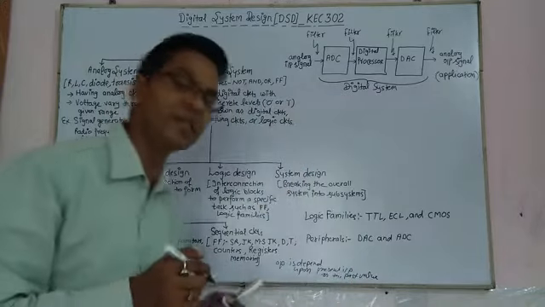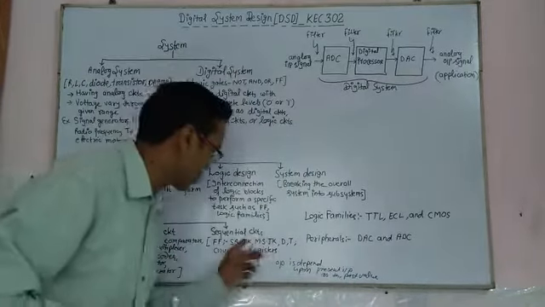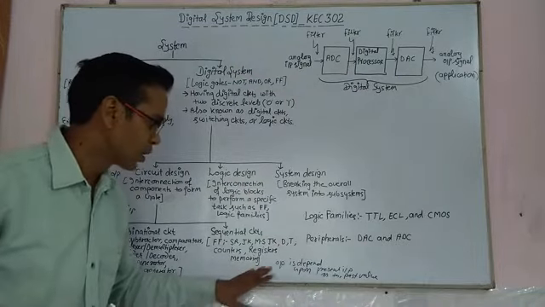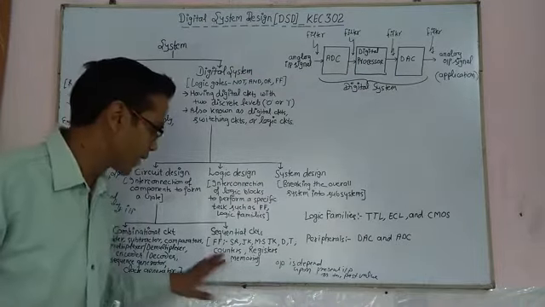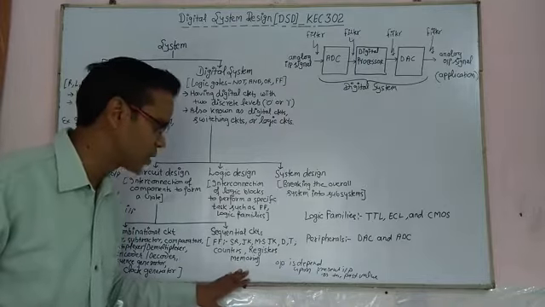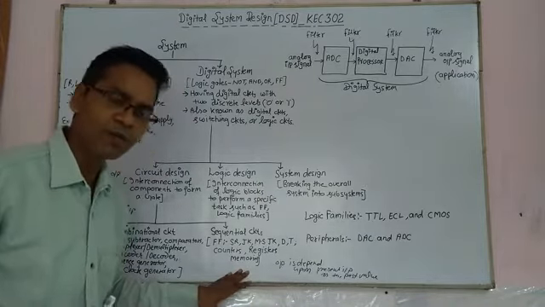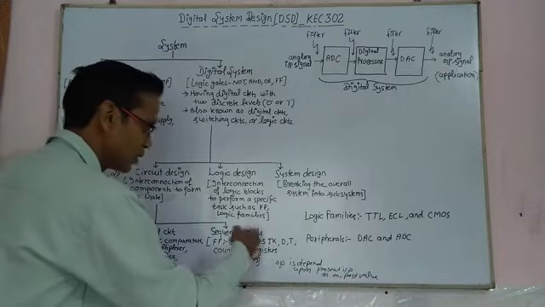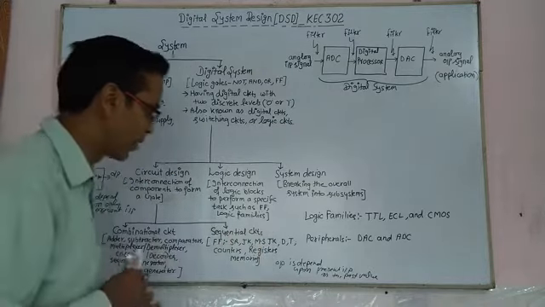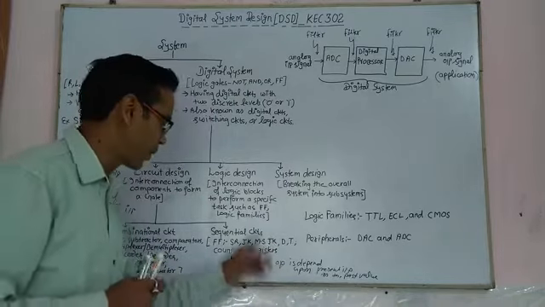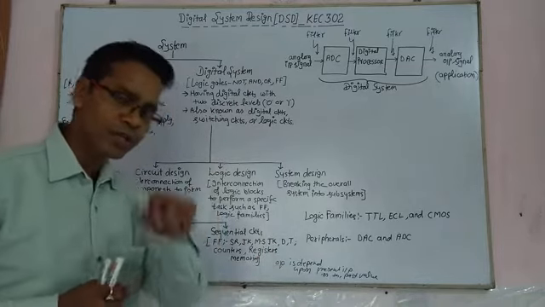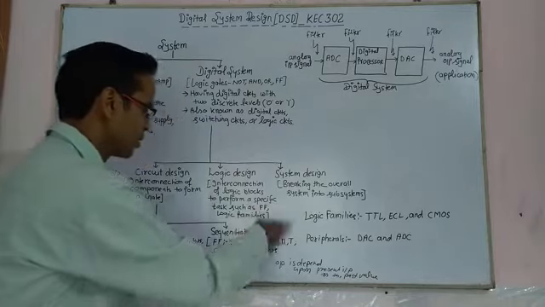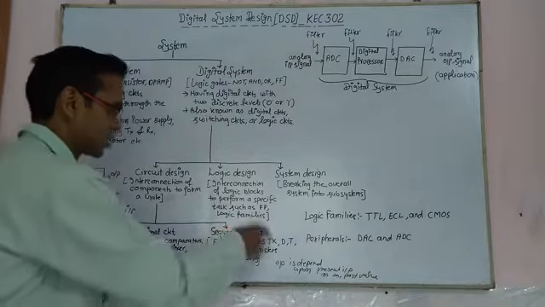Past value means previous value. In sequential circuits the output will depend upon the present input as well as the previous input, means the past input. So these circuits have output depending upon two values, present input and past input. That's why these are sequential circuits.